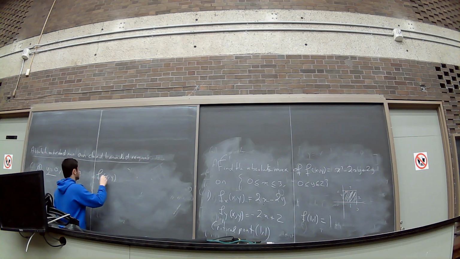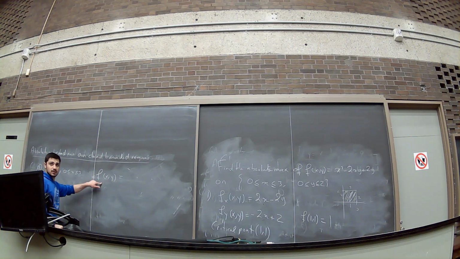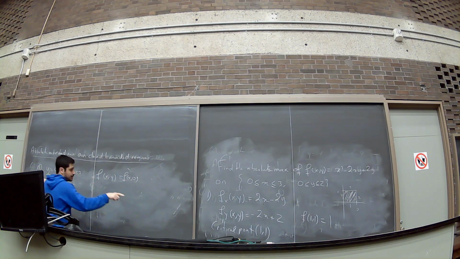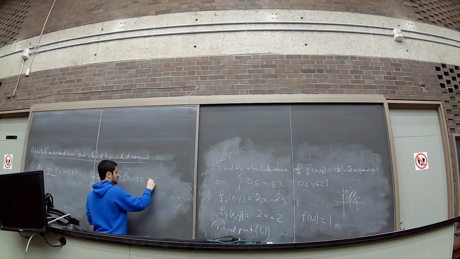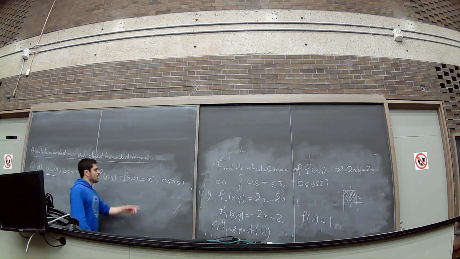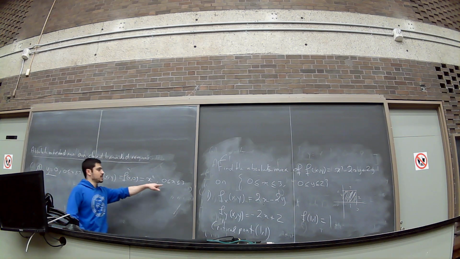Now, what is f(x,y) on this boundary? y is equal to 0, so this is just f(x,0), because I'm on part 1. f(x,0) is just x squared for x in [0,3]. What is the maximum of x squared on [0,3]?